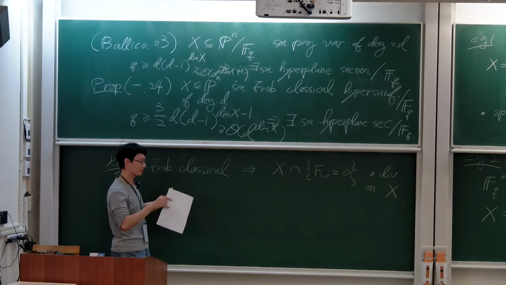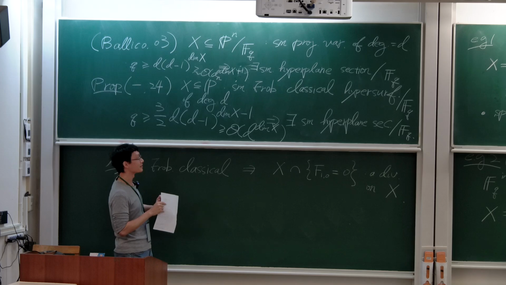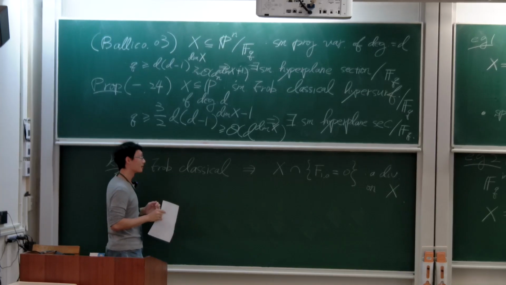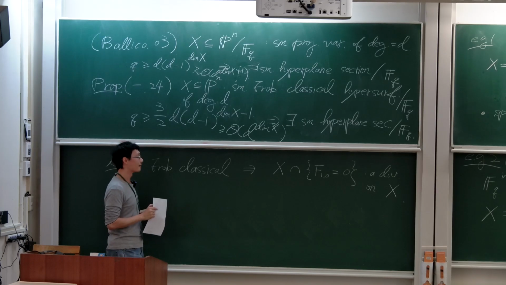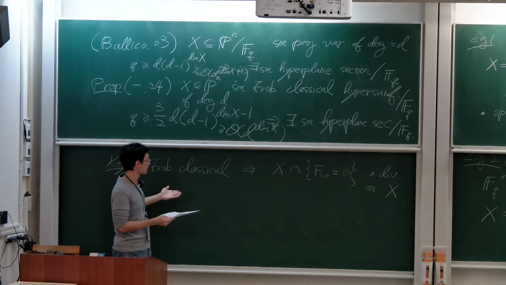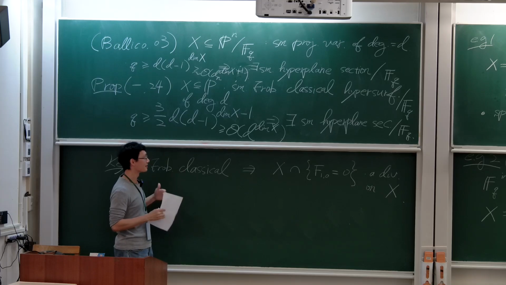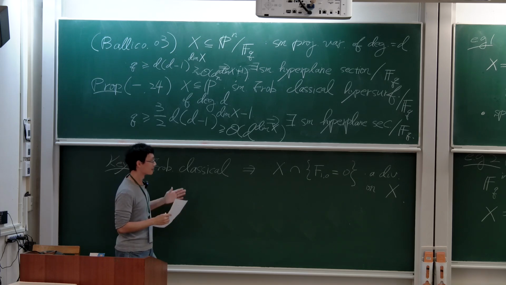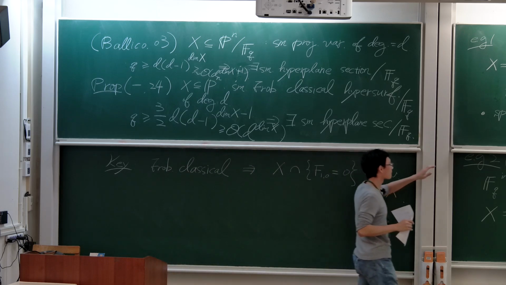And once the number of tangent hyperplanes is small enough, then you have a chance to find some smooth hyperplane section. Because Frobenius classical has this nice property, this motivates us to explore properties of Frobenius non-classical hypersurfaces. This is the first motivation.